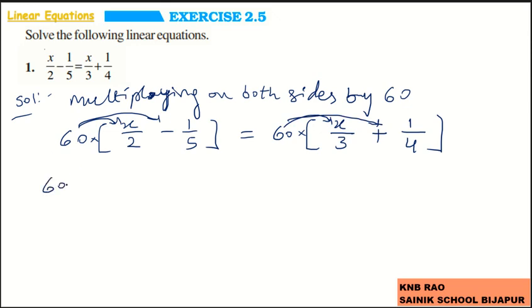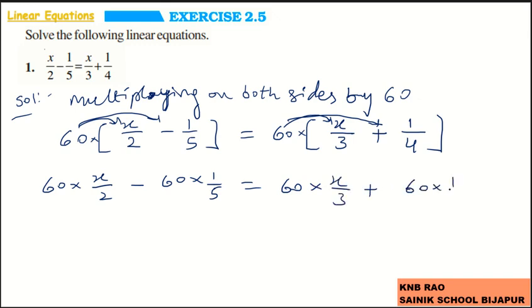So, 60 into x by 2 minus 60 into 1 by 5 equals 60 into x by 3 plus 60 into 1 by 4. So, with each term that 60 is multiplying.